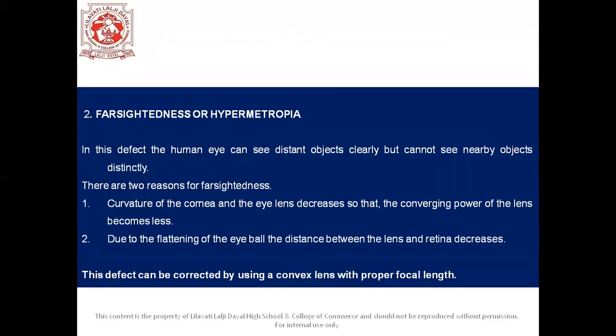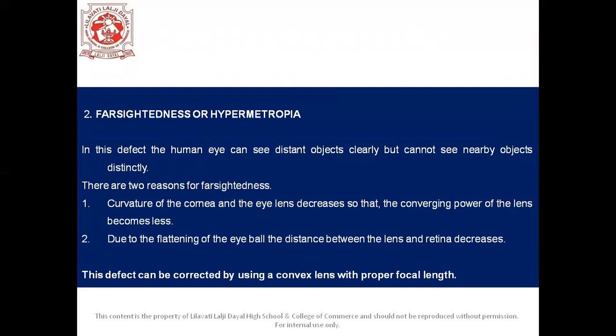Let us see the next slide, students, and that is farsightedness or hypermetropia. In this defect, the human eye can see distant objects clearly, but it cannot see nearby objects clearly. There are two reasons for farsightedness, students.